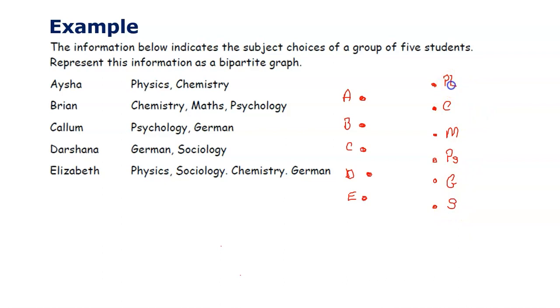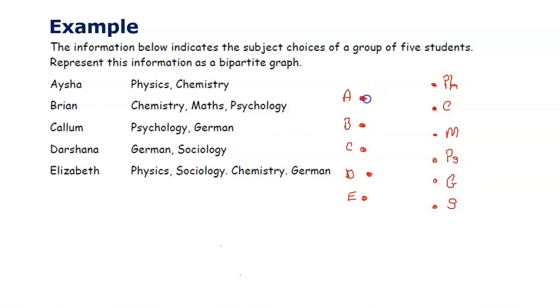Oh, that one was meant to be an H, I'd better make it look like an H. So let's just join them up now, and then we'll have our bipartite graph. This is a real-world example of where a bipartite graph might be useful, but you can also get questions which are just, here is a bipartite graph, now just do something with it.